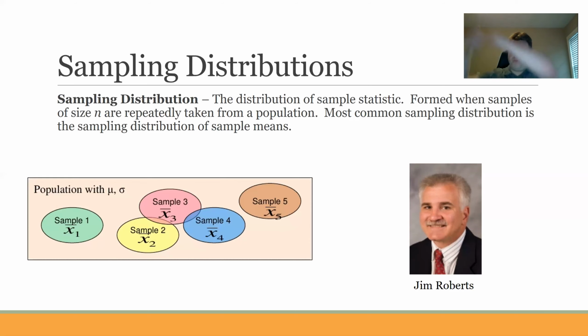And then we're going to throw those people back. They're back in the population. And then we're going to do this process all over again. So we go out, grab N numbers of people, calculate what the mean is, write it down, throw them back, and then do it again. We'll do it an infinite number of times to create what our sampling distribution is going to look like.